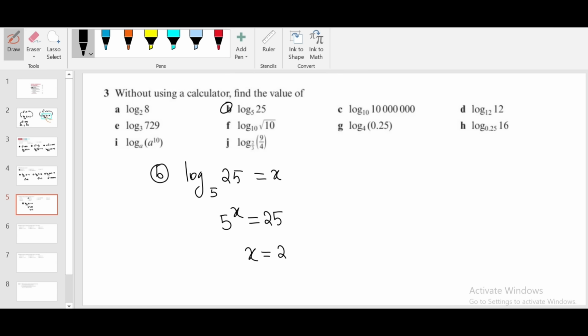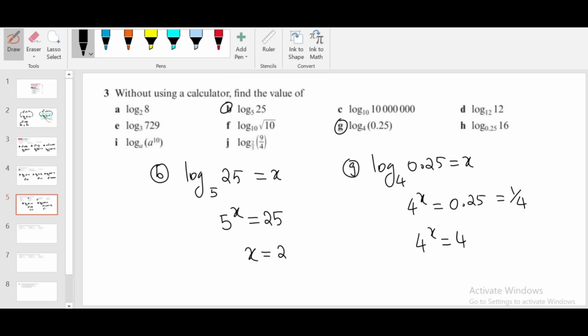Understand? One more, maybe G. Log 0.25 to the base 4, take it as equal to x. So 4 power x is 0.25, right? You can write 0.25 as 1 over 4 or 4 power minus 1. So x is minus 1, understand?